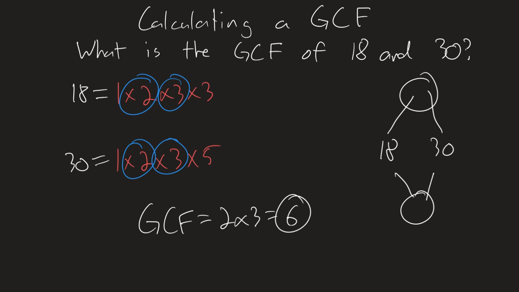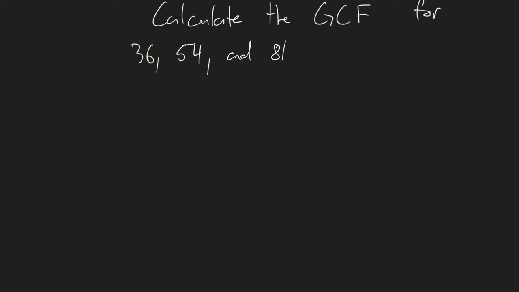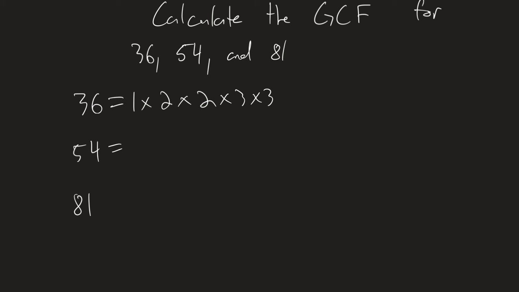If we're doing multiple numbers, such as 36, 54, and 81, it's still the same process. We've got 36, 54, 81. 36 is 1 times 2 times 2 times 3 times 3. 54 is 1 times 2 times 3 times 3 times 3.